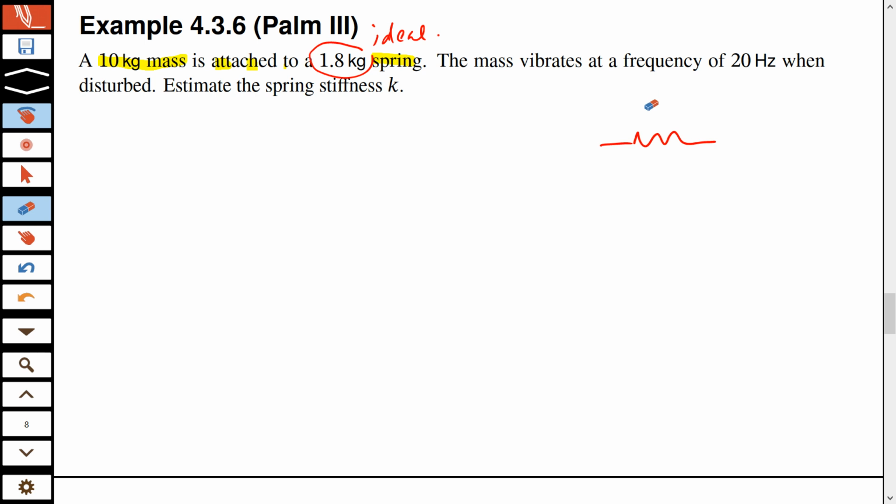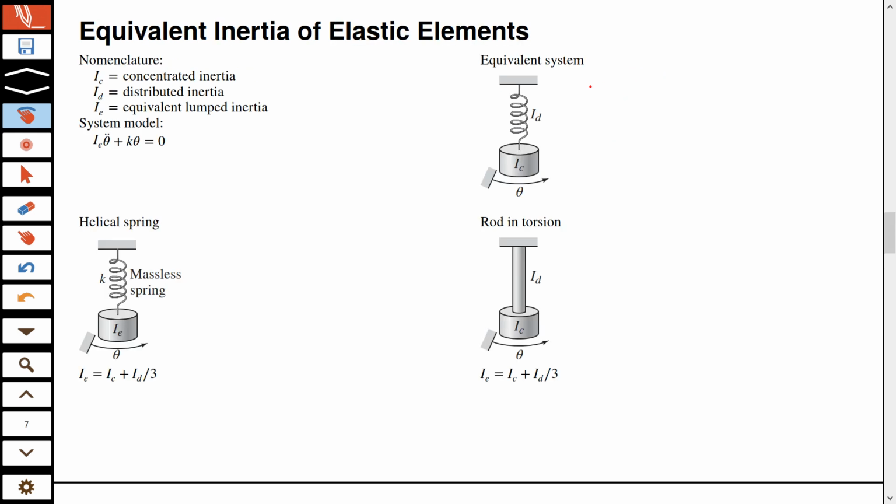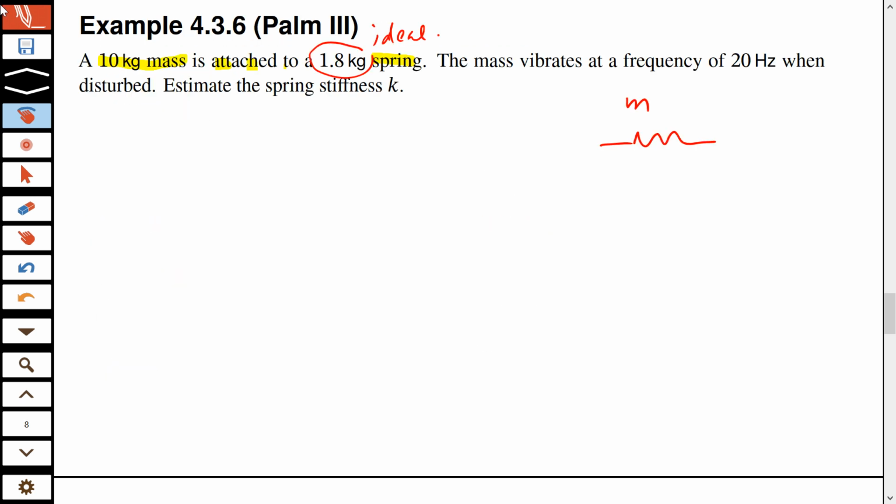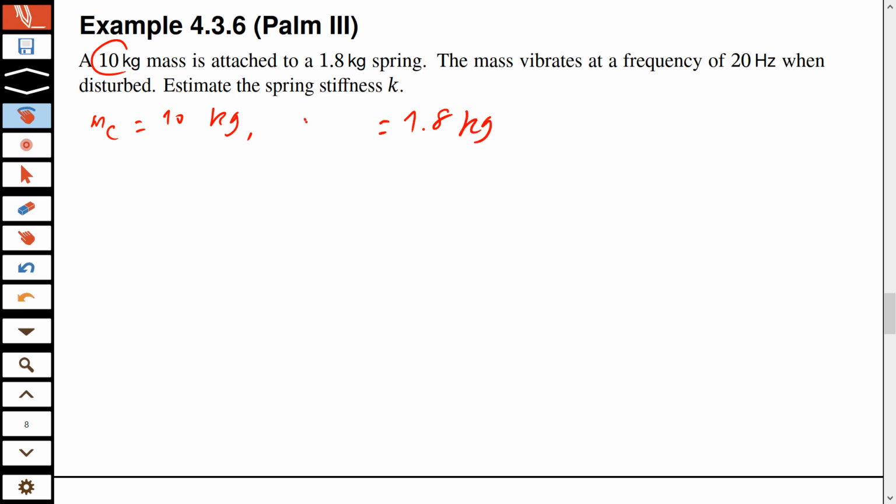But if this is accompanied by some mass, this means that this is a real spring with a mass. So according to our nomenclature, this md is the mass of the spring, the distributed mass, and that will be the concentrated mass. So if I now want to translate this example to symbols, this 10 kilogram is my concentrated mass, and this 1.8 kilogram is the distributed mass of the spring.